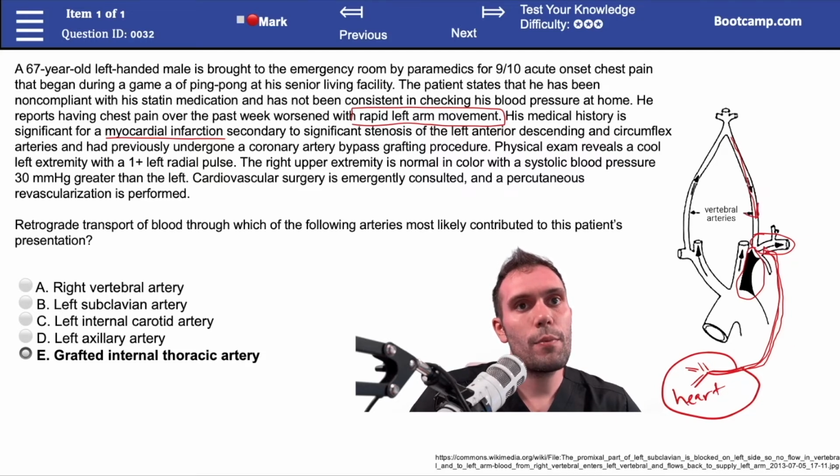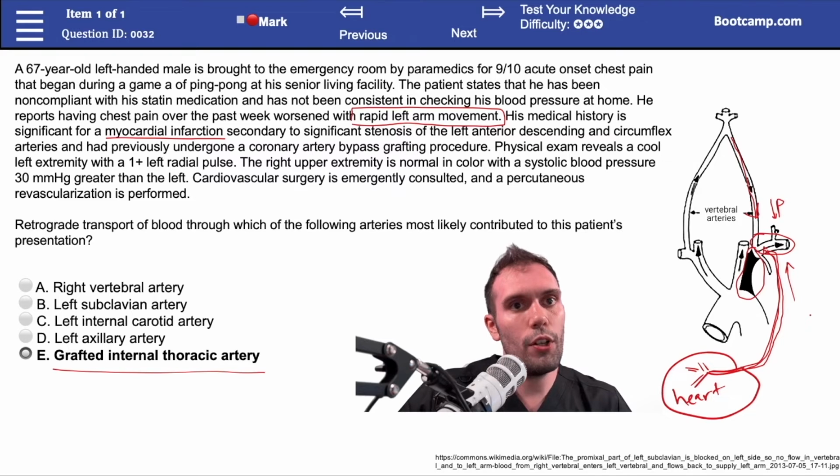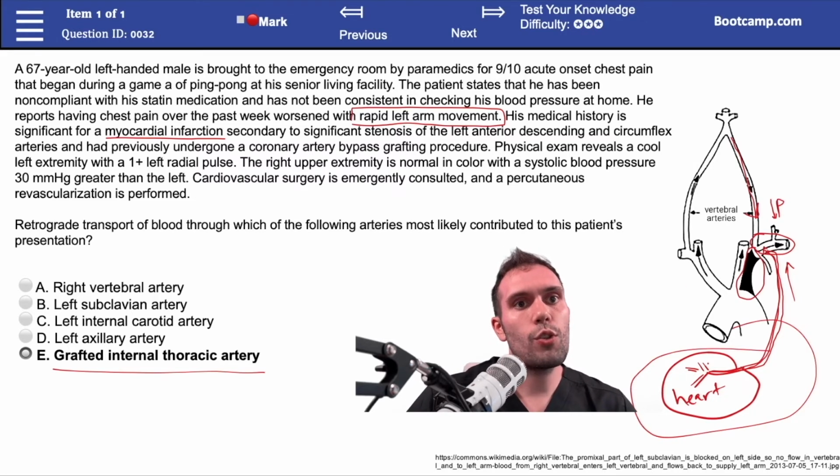And the same concept is true for all of these distal arteries, just like the grafted internal thoracic artery. You're going to get retrograde blood flow here as well to supply this region that has a decreased pressure. It's just hemodynamics, I'm decreasing the pressure distally, so these areas are compensating through retrograde flow. Because I'm stealing blood flow from my heart now, these coronary vessels that are probably already dilated significantly, this patient has a significant myocardial history, this area is now being compromised of blood flow.